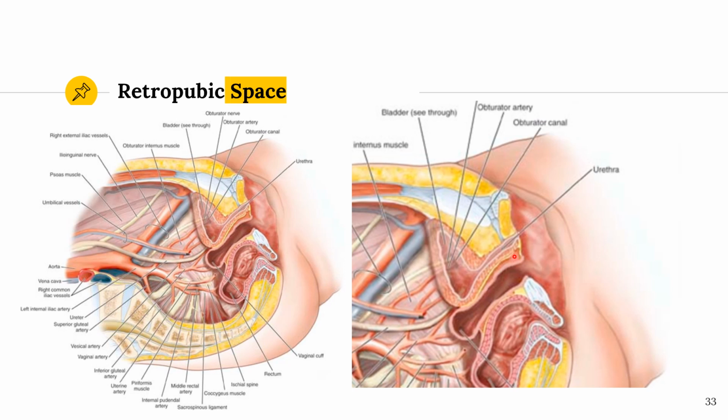This area is called the periurethral space. We perform the dissection in this periurethral space directed towards the ischiopubic rami. We can use the urethral guide wire to direct the urethra away when we perform the dissection, if we want.